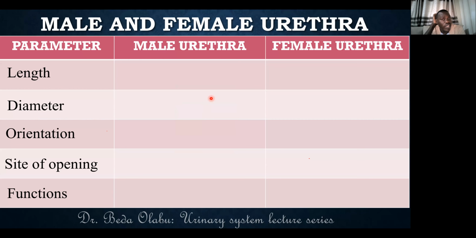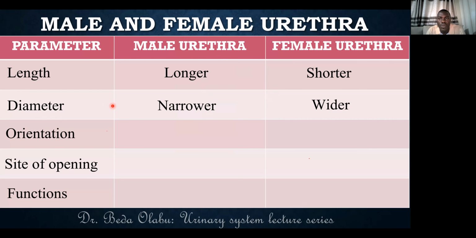So in terms of length, definitely the male urethra is longer than the female urethra. In terms of diameter, the female urethra is wider than the male urethra. That's why you can catheterize using a bigger lumen catheter in female, but you can't do that for male.